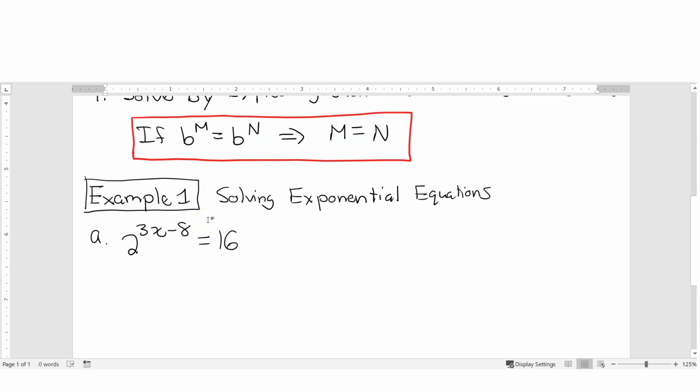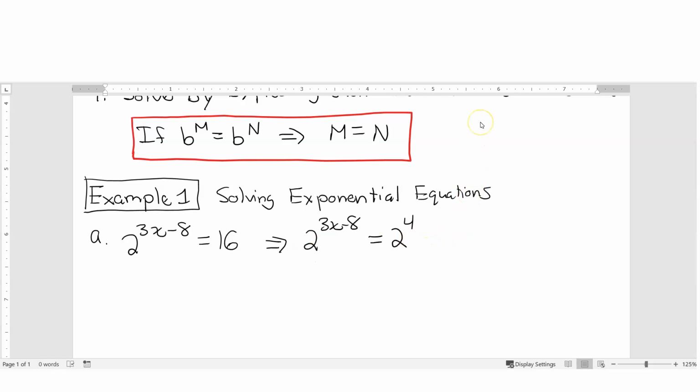Example 1 on page 504 of your textbook will have two parts. In part A, they give us this equation, 2 to the 3x minus 8 power equals 16. Now, notice here that 16 we can express as 2 to the 4th power. So we can then rewrite this expression in this form. And now, this form will match our definition precisely. The base 2 is the same on each side.